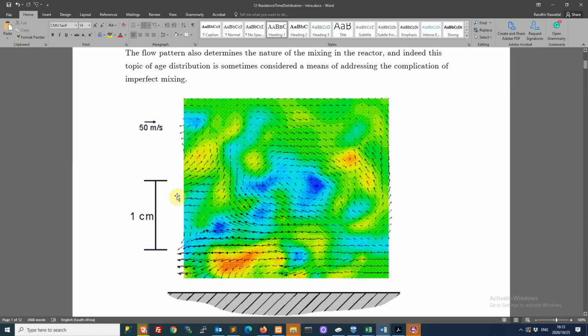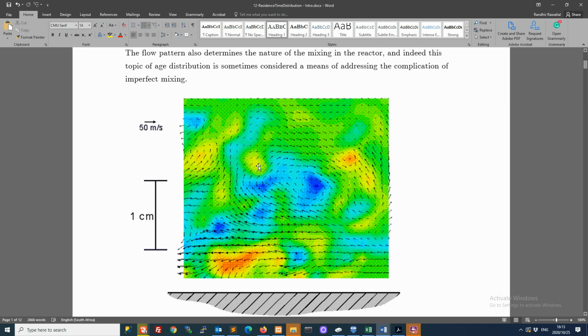And in fact, when we start looking at some of these lines, we can imagine that there will exist zones where the fluid flows through pretty quickly, and so it spends a short amount of time, let's say, along this stream. There are other regions where the fluid might circulate in some kind of pattern, and the fluid that happens to go through that region will spend more time on average, so it will be reacted to a greater extent.